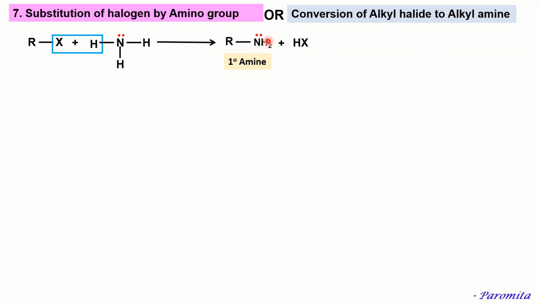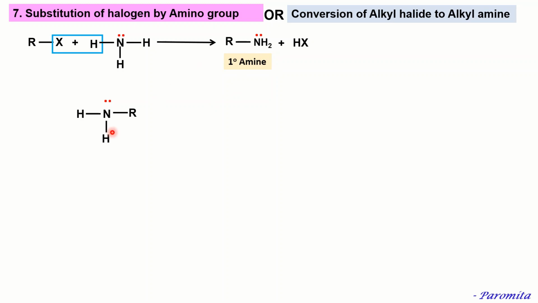This one is primary amine. See here, nitrogen with this lone pair is connected to one alkyl group. That means the central nitrogen is connected to one carbon. So this is 1 degree amine.